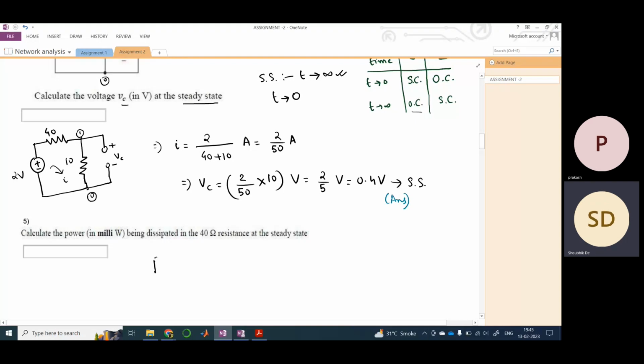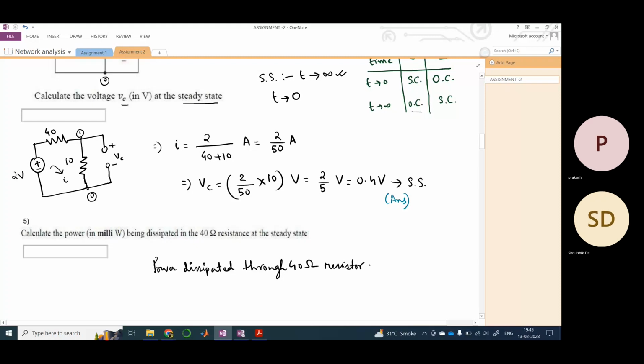So the power dissipated through the 40 ohm resistor would be nothing but I square into 40, right? I square R comes from Joule's law of heating.